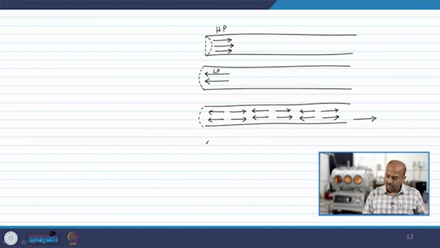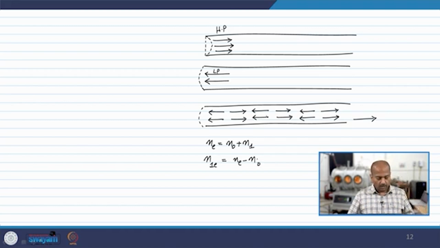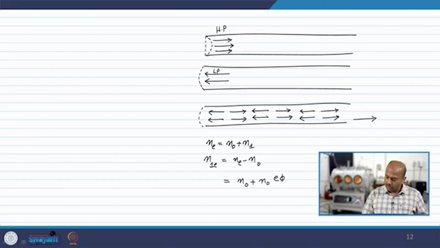So, they will say that Ne is N0 plus N1, right. This is how we write it. Now, for the N1 electron, let us say, is Ne minus N0, right. But we know that Ne is N0 plus N0 e phi by kBT.